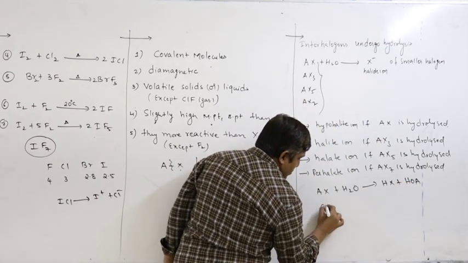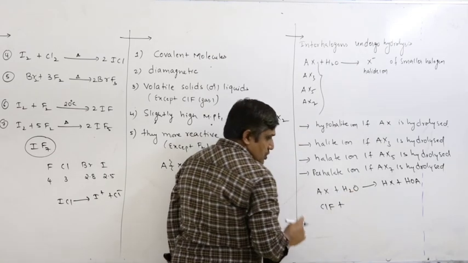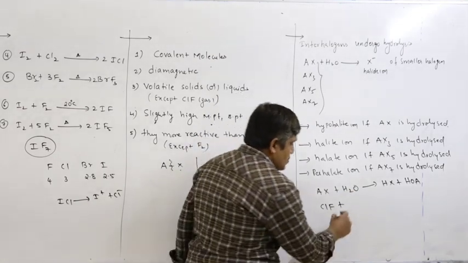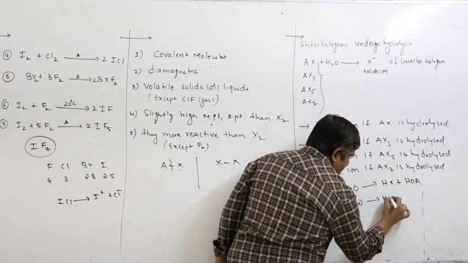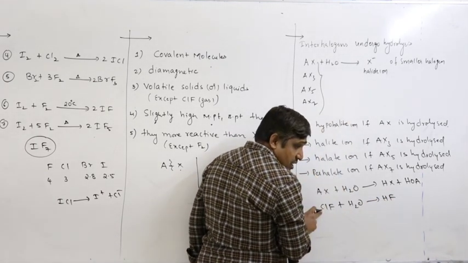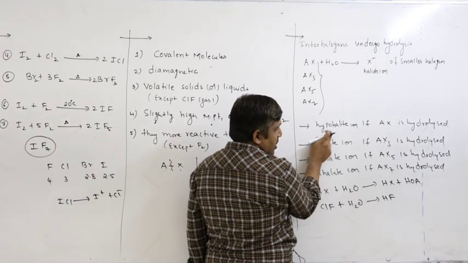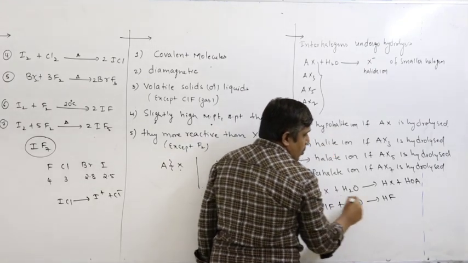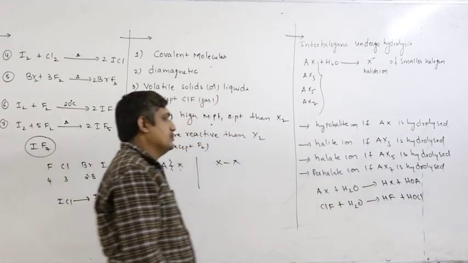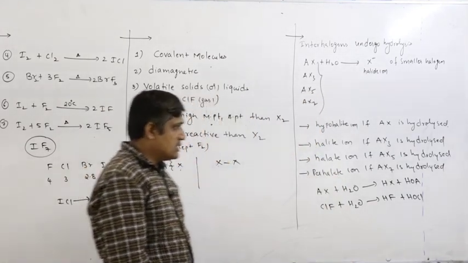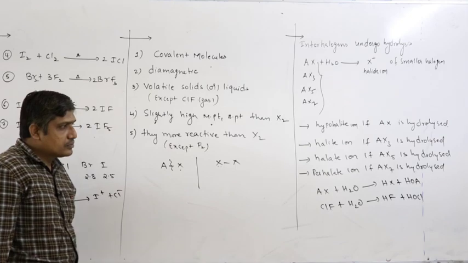Let us take one example, ClF. The smaller halogen is F, so the halide fluoride ion is nothing but HF. The larger halogen forms hypohalate, nothing but hypochlorite. So hypochlorous acid. If I write hypochlorous acid, that is the answer.